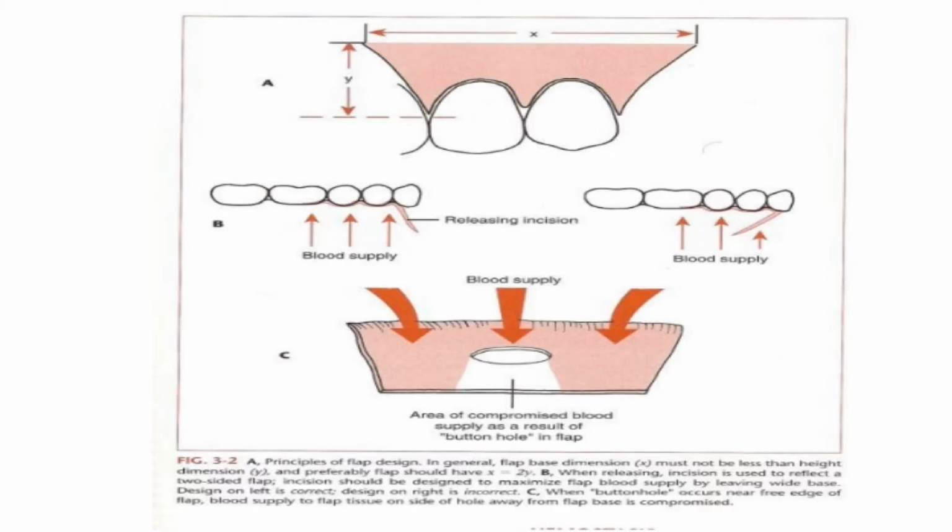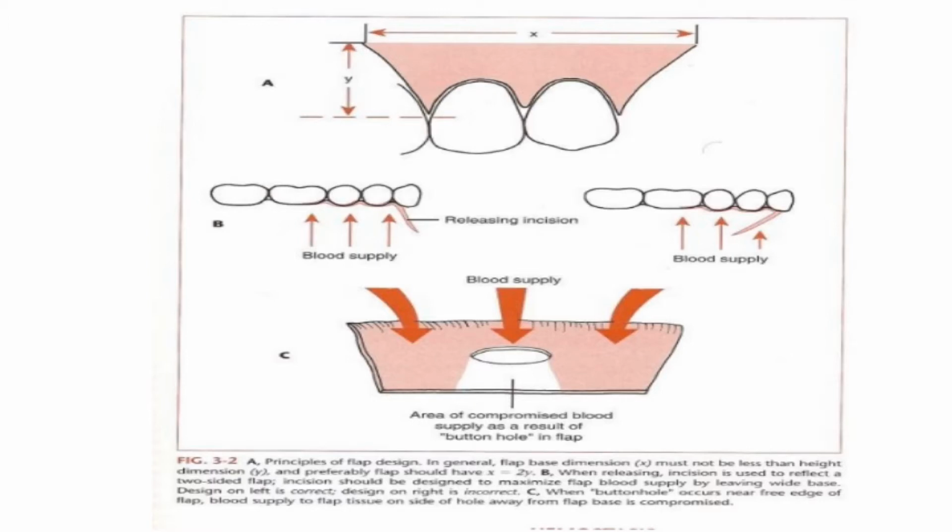So on the left side in picture B, we can see that the vertical releasing incision is placed in divergent fashion. So this provides a divergent base thereby preserving blood supply to the flap. But on the right side, we can see that the releasing incision is placed in convergent fashion.